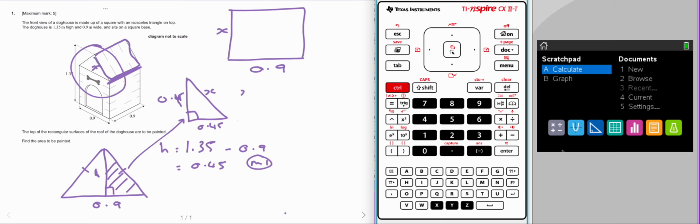So x is going to be equal to the square root of 0.45 squared plus 0.45 squared, which is going to give us the square root of 0.405. Because I'm going to be multiplying, I'm not going to round off.